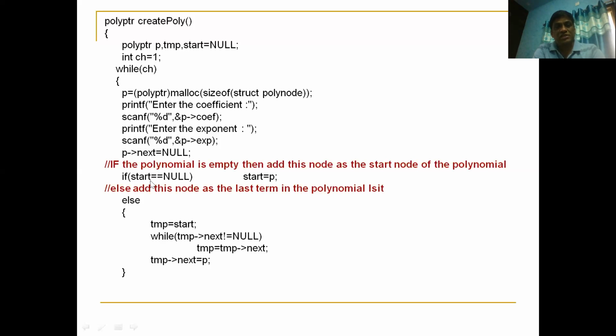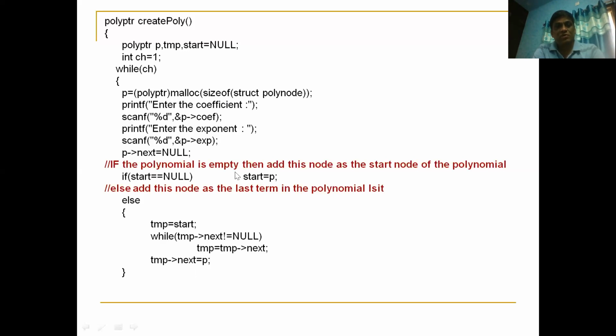So two cases. If there are no nodes in the linked list, then make this node the start node. Otherwise, simply add the node at the end. So this is simply a singly linked list operation, we insert at the end.